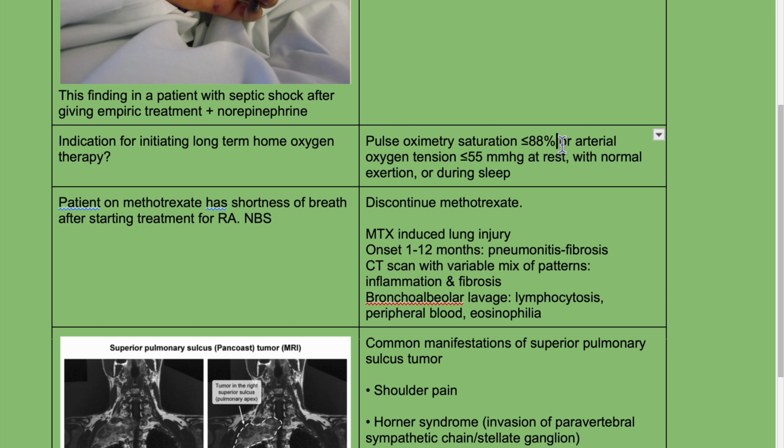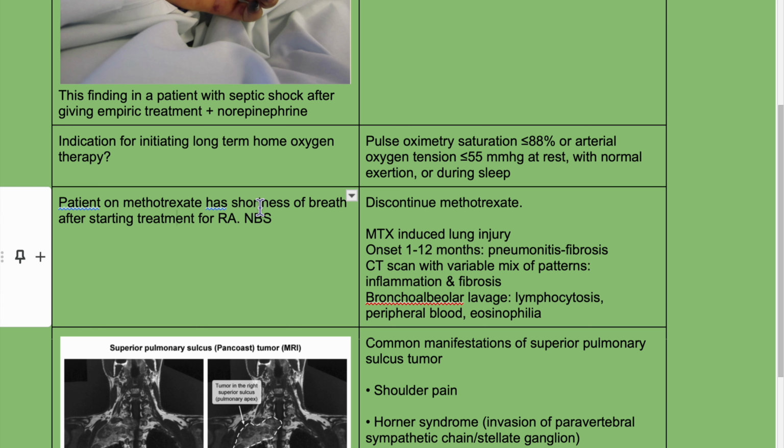So we talked about this when we were talking about treating COPD. First one is smoking cessation, and then if there's 88% or less on pulse ox, then supplement it with oxygen. So this is long-term oxygen therapy if you find these findings during exertion or during sleep. Right.